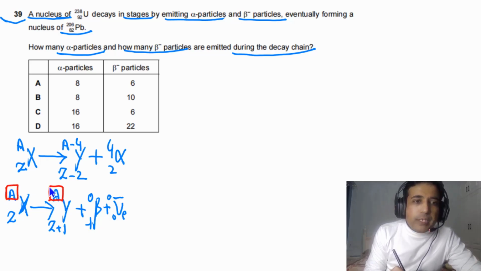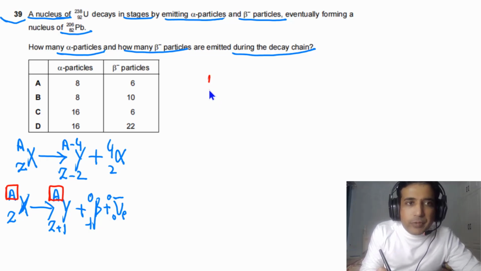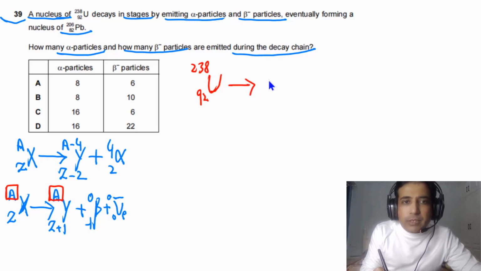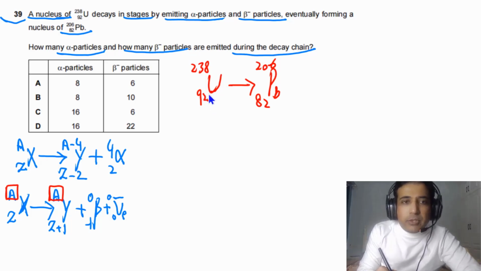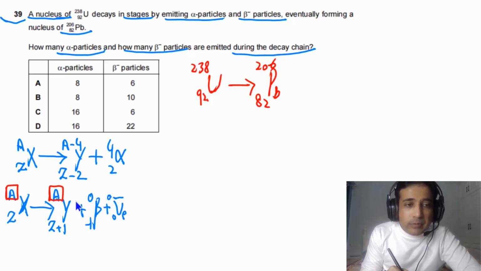Now we can look at uranium. We have uranium with atomic number 92, and it decays into lead, with atomic number 82, and the mass number of this one is 206. As there is no change in mass number when a beta minus particle is emitted, from here we can find out how many alpha particles need to be emitted.